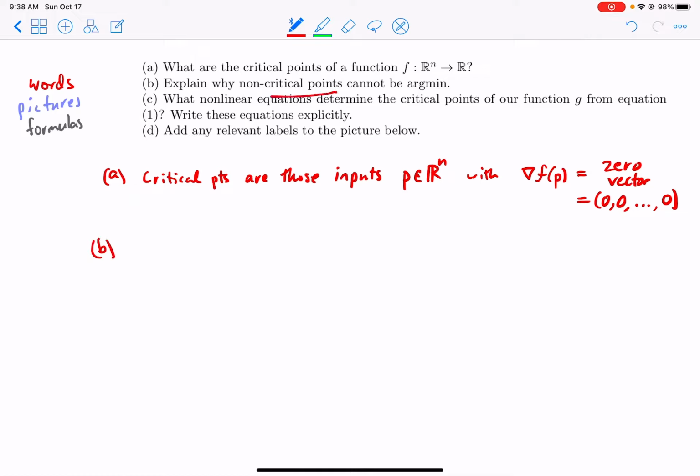Part B. Why are non-critical points not argmin? So if you have a non-critical point, it cannot be an argmin. Why? So non-critical points have, well, grad f at that point evaluated there is not equal to the zero vector.